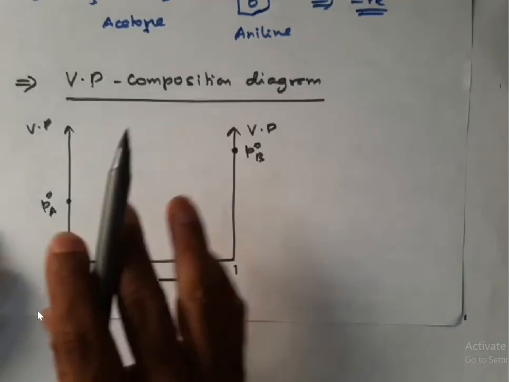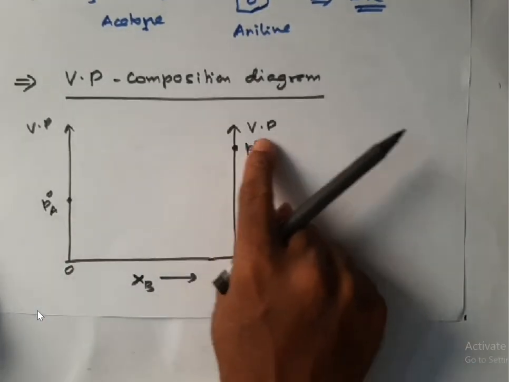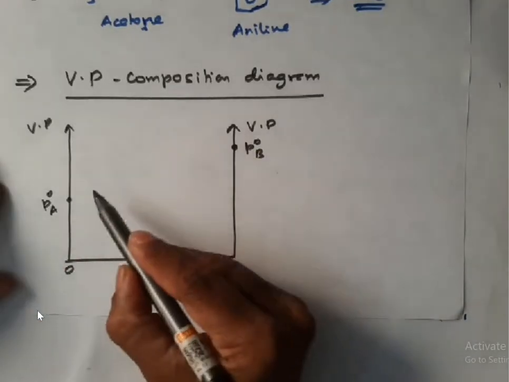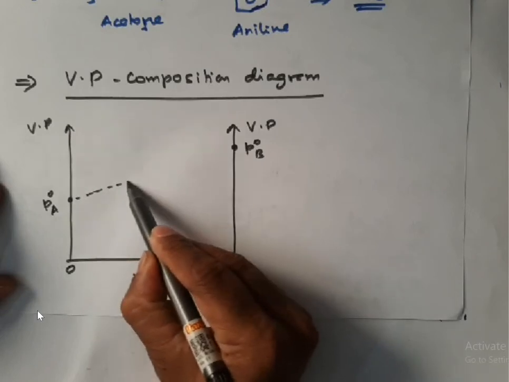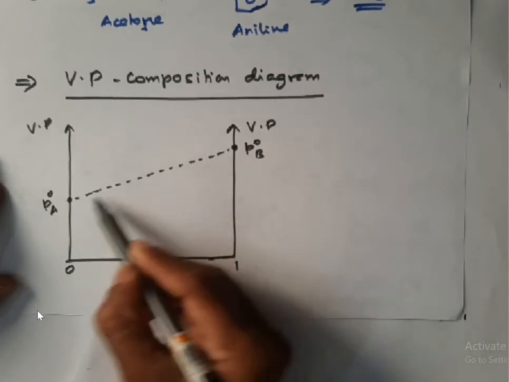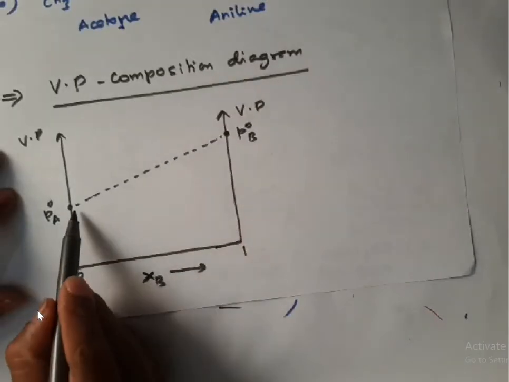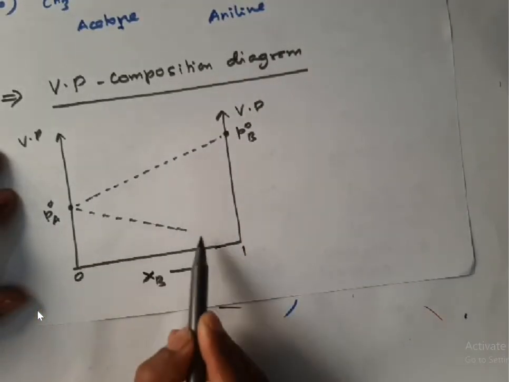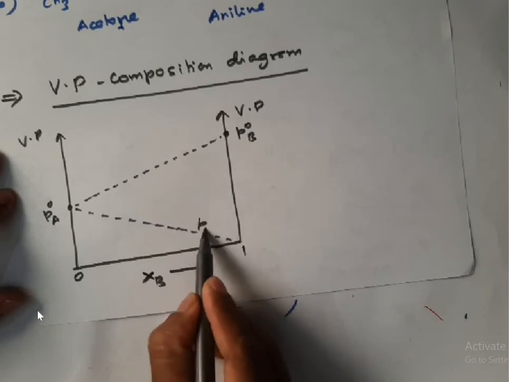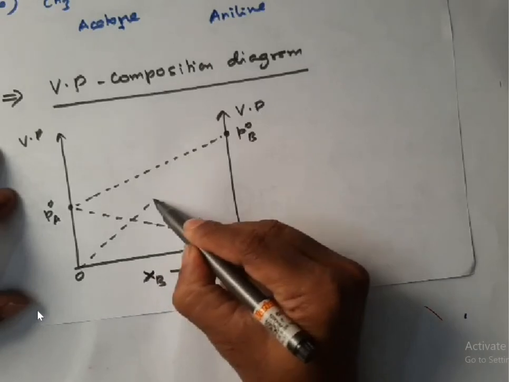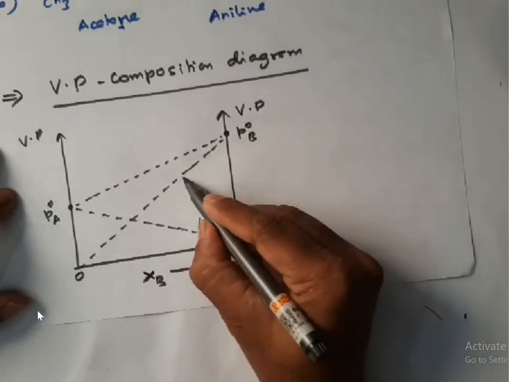In this case, I have assumed that the vapor pressure of pure B is greater than the vapor pressure of pure A. If I join the two using a straight line, this straight line indicates an ideal solution. Similarly, if I join this to here, I'll get the partial vapor pressure of A for the ideal solution, and here to here, I'll get the partial vapor pressure of B for the ideal solution.